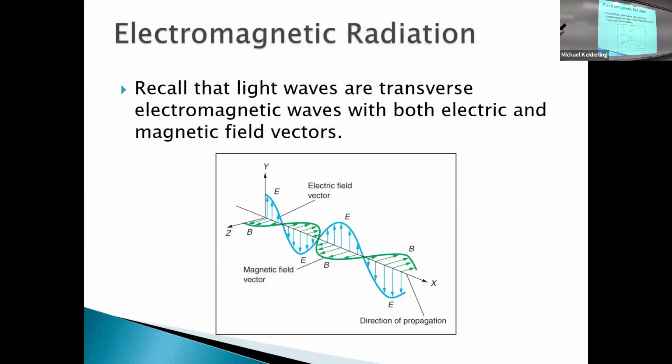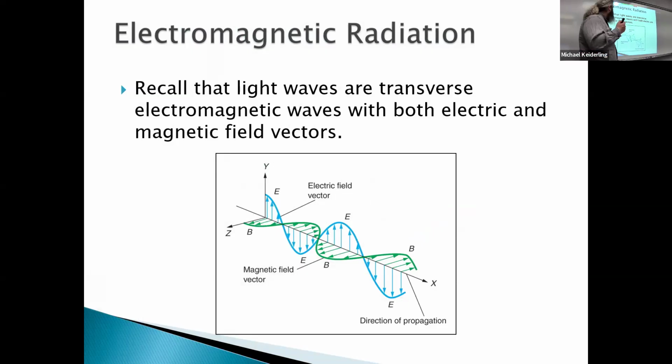So light is an electromagnetic wave. Light waves are transverse electromagnetic waves. They have both an electric and a magnetic field vector. When we talk about light and the direction it's aligned, we generally use the electric field vector, mainly because it's easier to detect.